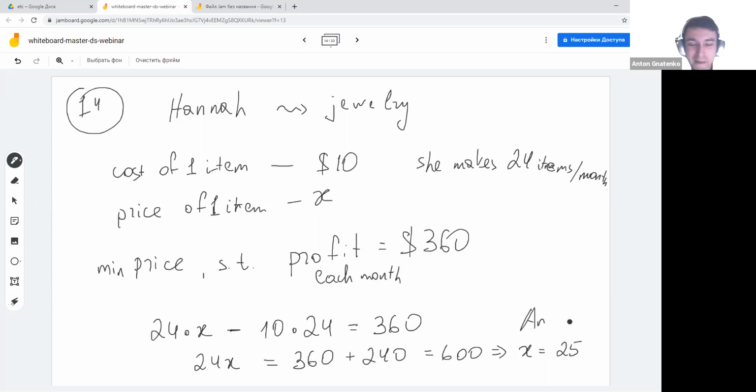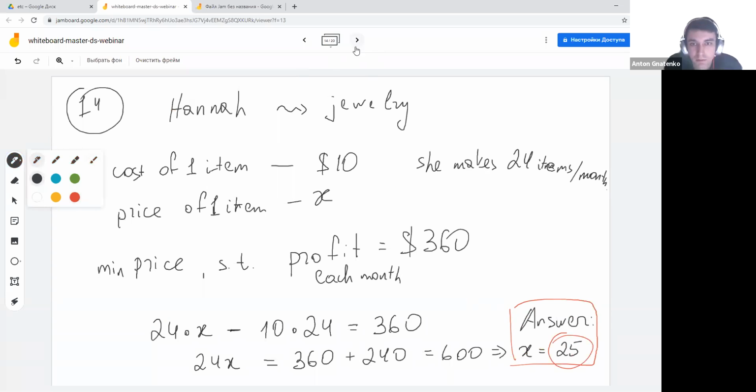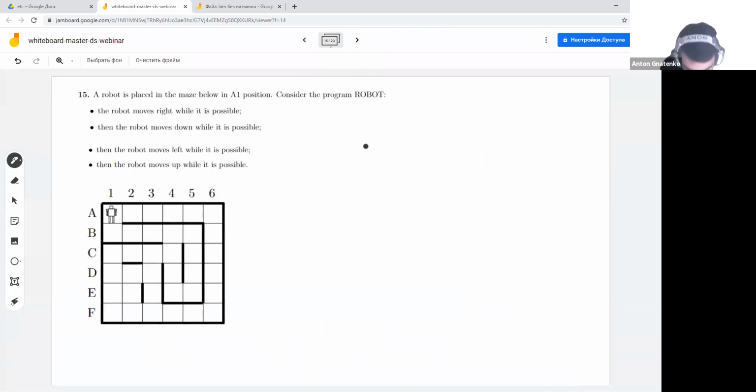You must make sure that you can compute such things on paper during the exam, even though you will be nervous, like I am now. So this is the answer, 25.